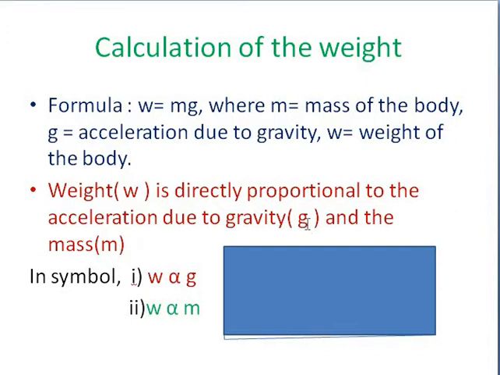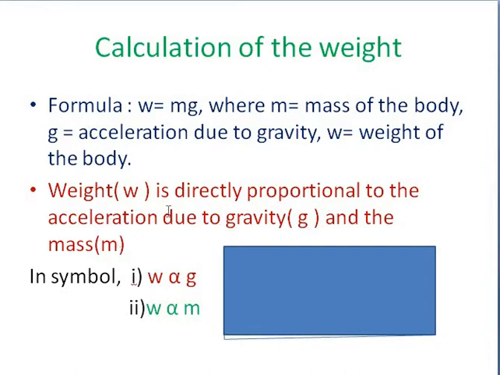If this acceleration due to gravity is constant, that means for a particular place, different masses have different weights. The weight of a 10 kg mass at Damauli and the weight of a 20 kg mass at Damauli are different. The mass of 20 kg has more weight and the mass of 10 kg has less weight at the same place.